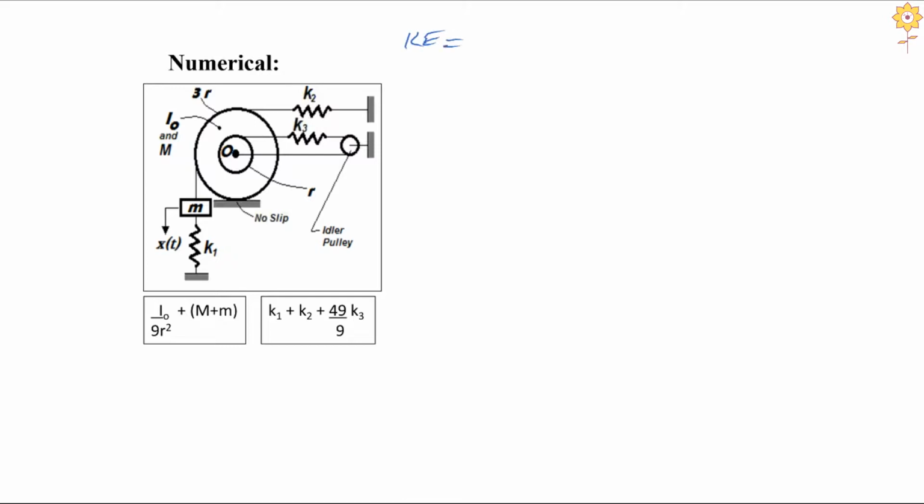KE is equal to half times the mass m into x dot squared, and the other one is the rotor. Because the CG also is shifting its position as it rolls on, the oscillation will be about the point of contact here, let us say point P. So what is the kinetic energy for that?